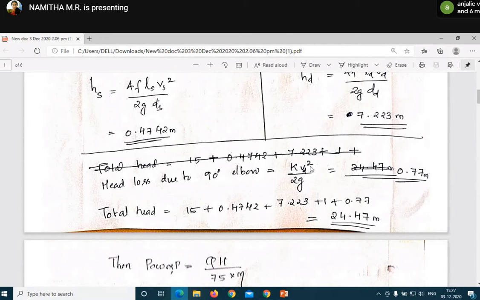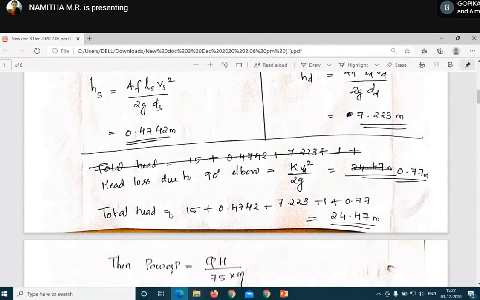The velocity at the delivery side you have to calculate here, because this 90-degree elbow is at the delivery side. So the velocity of the delivery side, into the k value they have already given in the question, 1.5, divided by 2g. So this loss also you will get. All the losses mentioned in the question are calculated here.